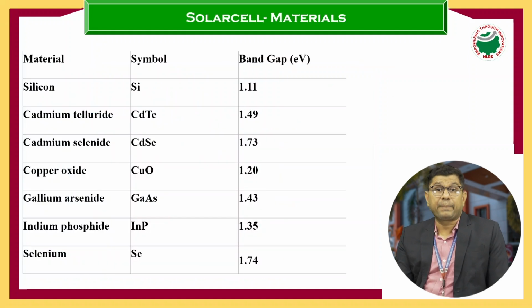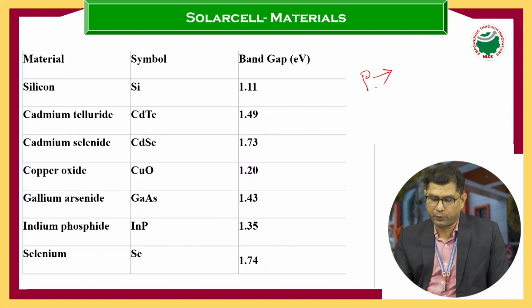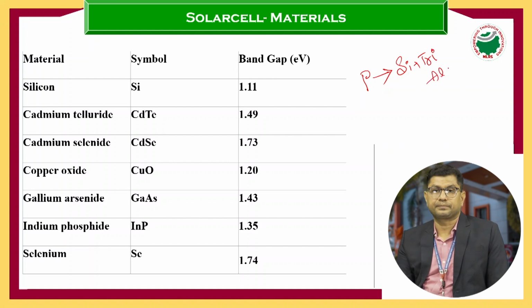So, what is a PN junction diode? P-type semiconductor is obtained by doping silicon with a trivalent impurity, which means aluminum.